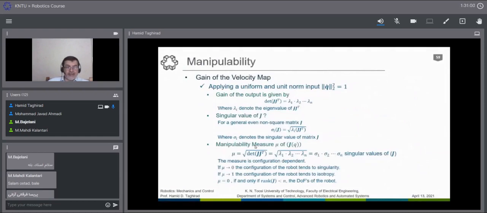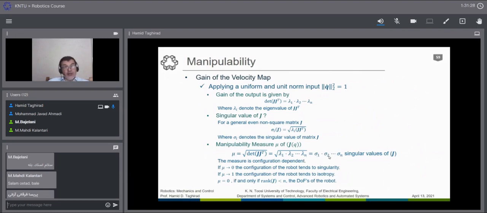I will talk about that next session, because it is too much information to give here. Of course, the farther mu is from zero, the more manipulable it is. But it might not be one, it could even be more than one, depending on the gain or the singular value that we can get here.